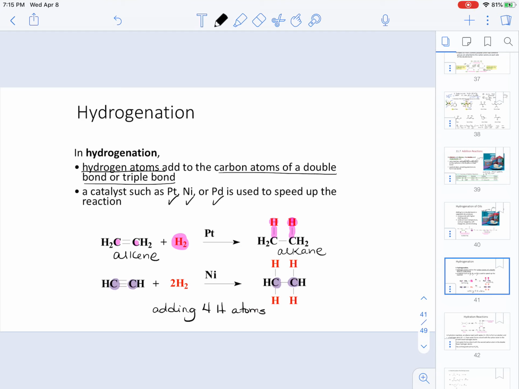As you can see in the alkane product that we produce, each carbon that used to be in the carbon-carbon triple bond gets 2 hydrogen atoms. That's where the 4 hydrogen atoms go.